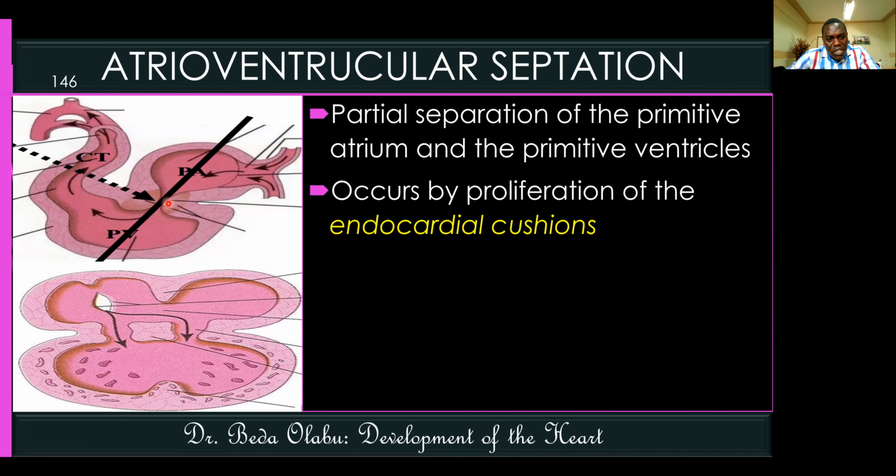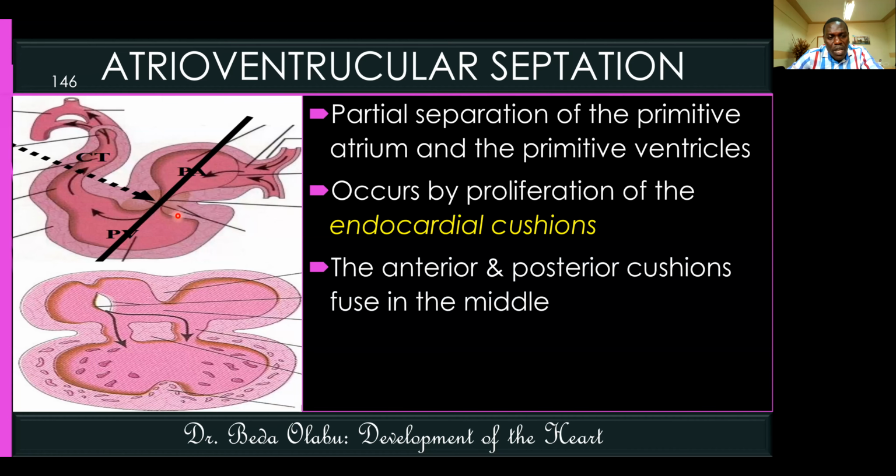If you take that section in black and look at it from a coronal view, it will look like this. These endocardial cushions just grow in the midline, and therefore we have an anterior and posterior endocardial cushion that meet in the midline, which is this fused part. With that in mind, then you realize that you form two canals on either side of the endocardial cushion.